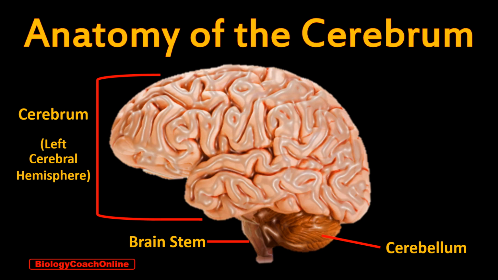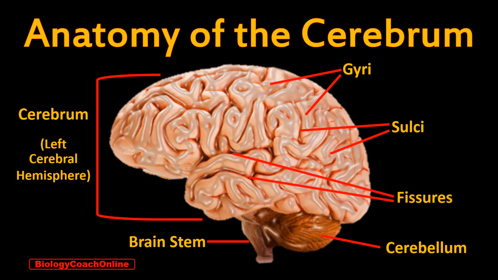Now I liken the cerebral cortex to a series of mountains and valleys. So these elevated ridges, or mountains if you will, are called gyri, singular is gyrus. The valleys then are sulci, singular is sulcus. Now the really deep and long valleys are called fissures, and that's just to distinguish them from sulci.